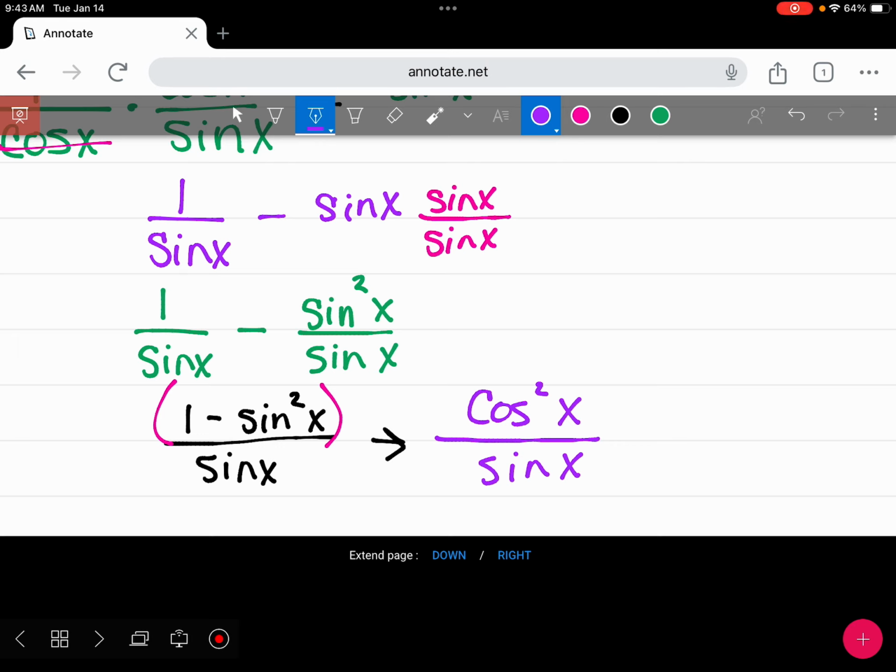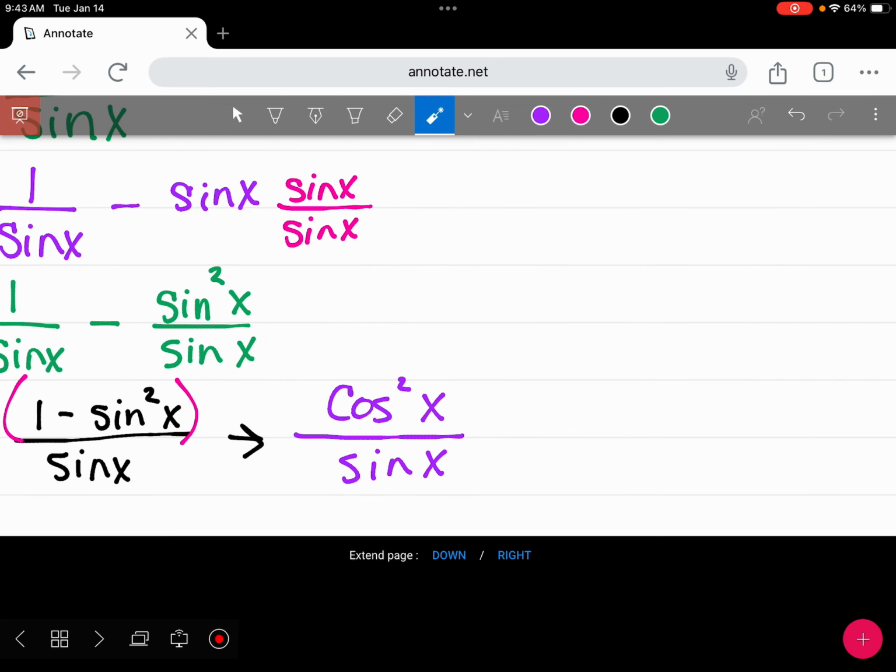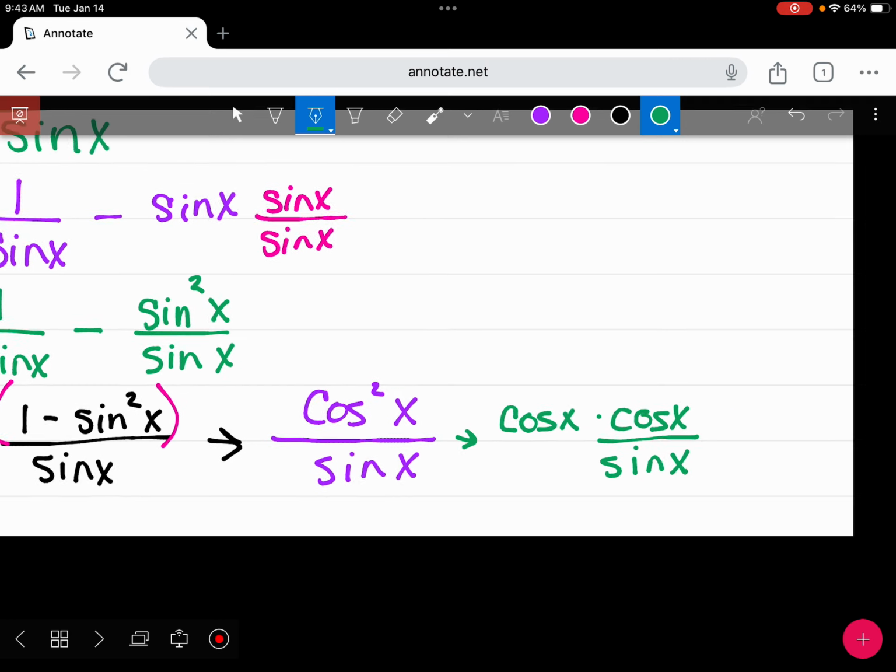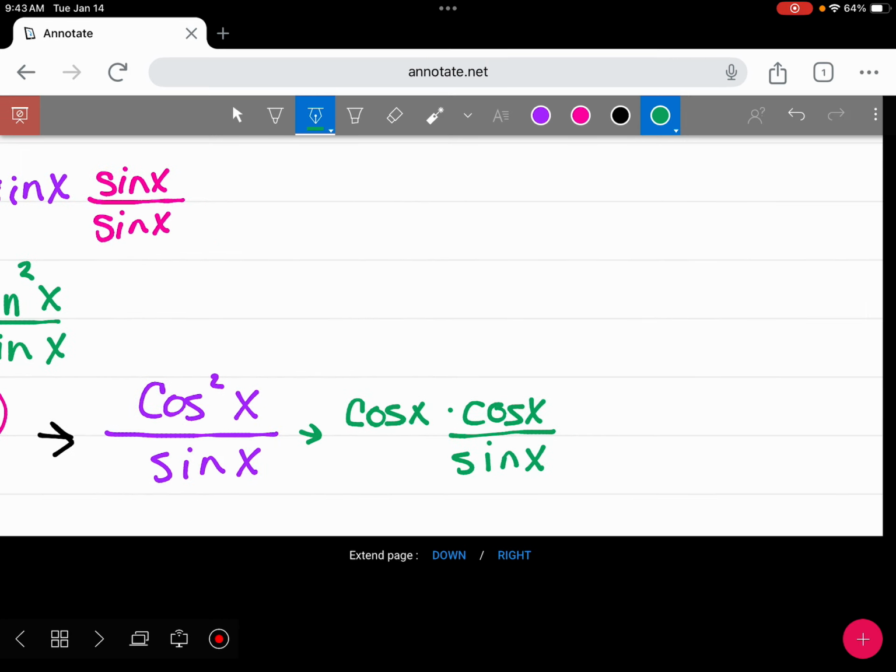And that's one way to write this simplified. There's one other way we can write this, which is actually to get it back into our 6 trig functions, where I take this and split apart my squared to rewrite my cosine squared as cosine of x times cosine of x over sine of x, right? Those things mean the same thing. Cosine over sine is which of the trig functions?